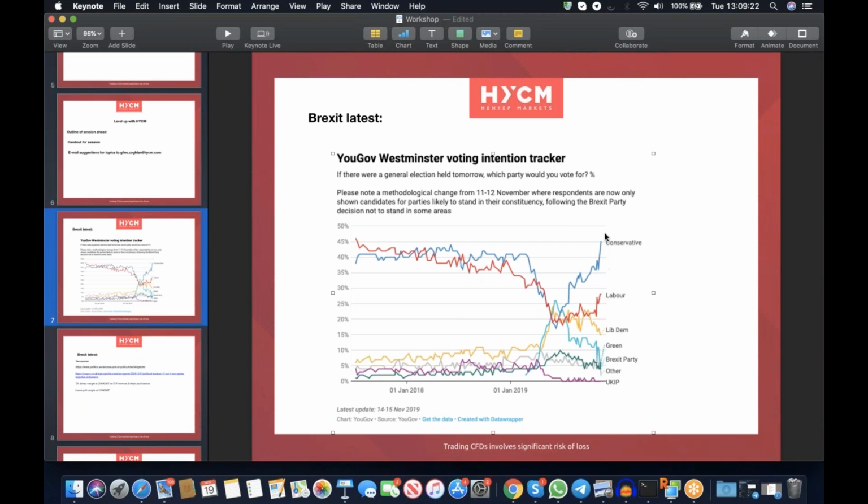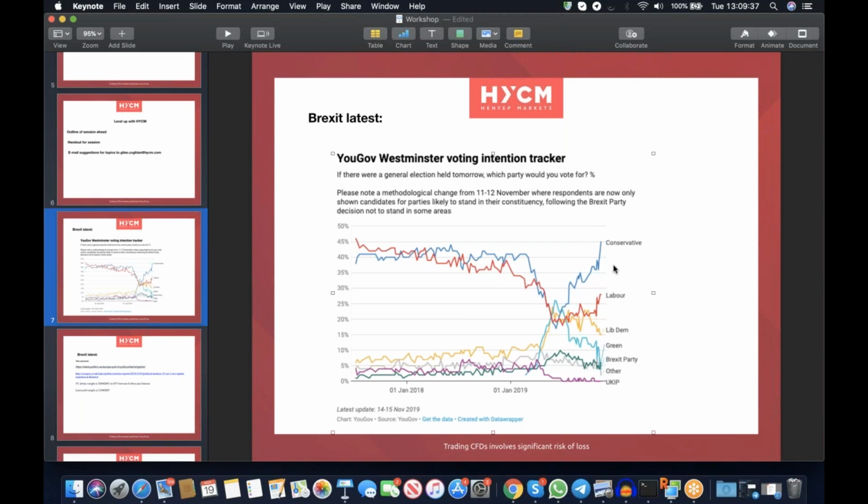That would suddenly show a contraction between the two parties. A Labour lead would be seen as negative for the pound. It would be seen more likely there's a hung parliament at the election, so it would result in pound weakness.